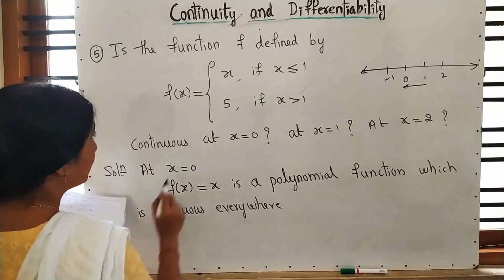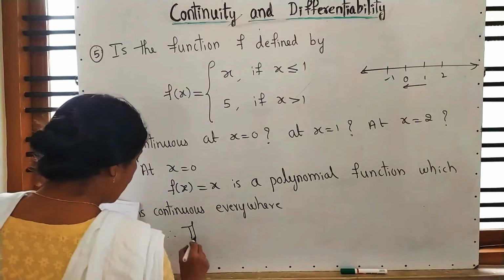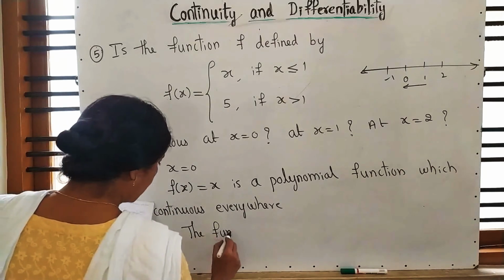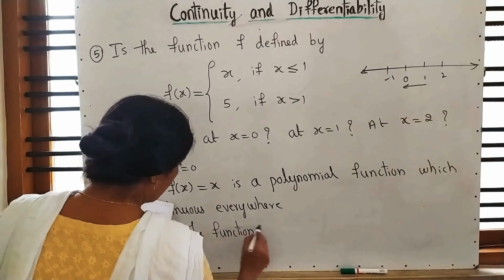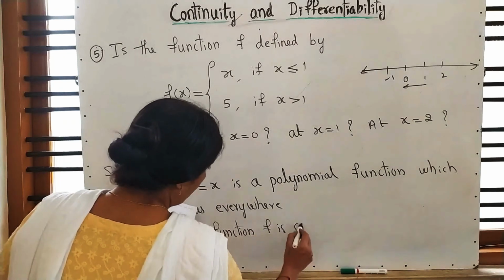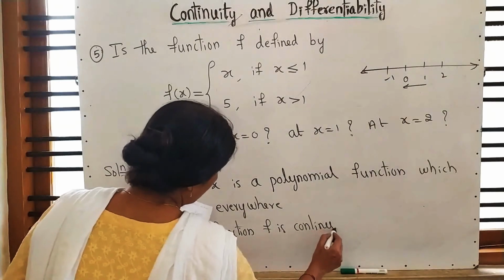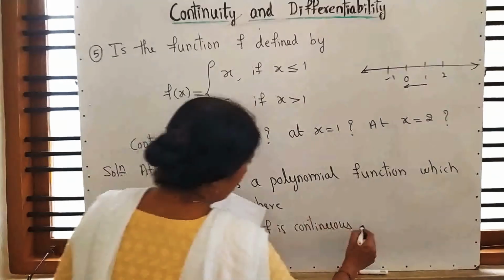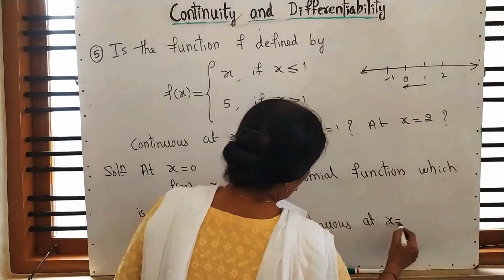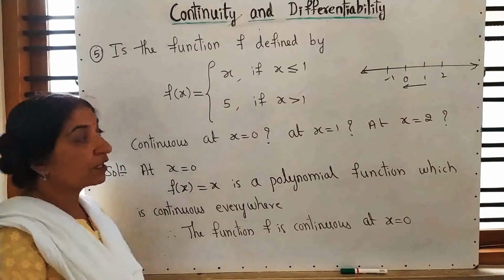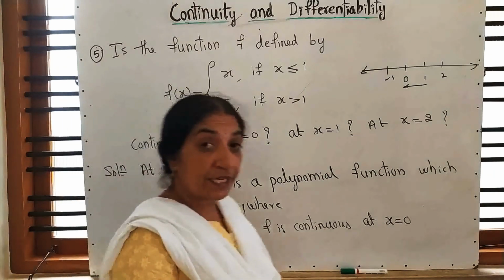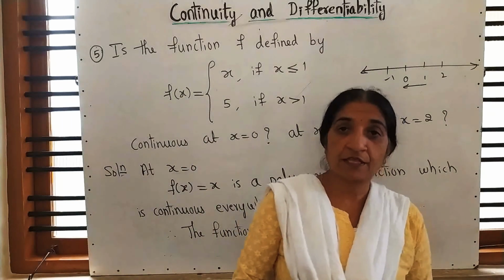Therefore, the given function f is continuous at x is equal to 0. Understood? But the inequality is defined for x is equal to 1.